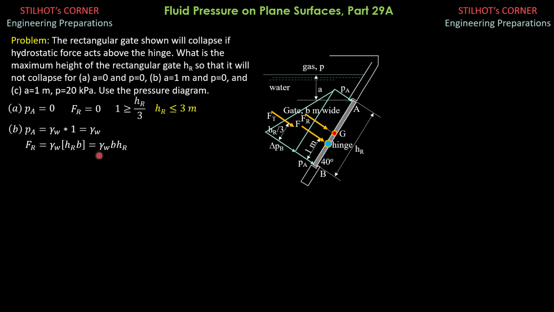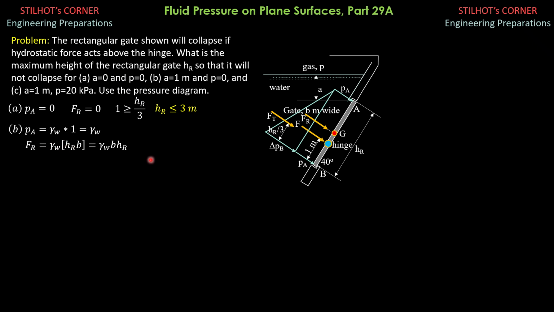Or FR is the volume of this pressure diagram, and the volume is the area of this rectangular pressure diagram times width perpendicular to the screen, which is B. So what is the volume? It is P sub A times HR, then times perpendicular to the screen B. So that's the volume interpreted as volume.